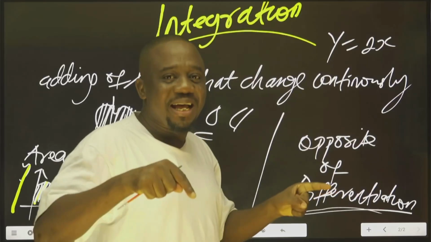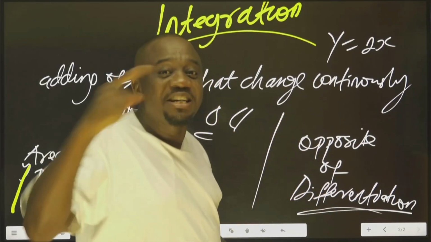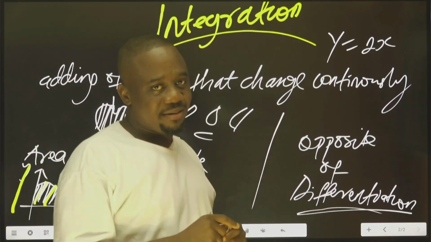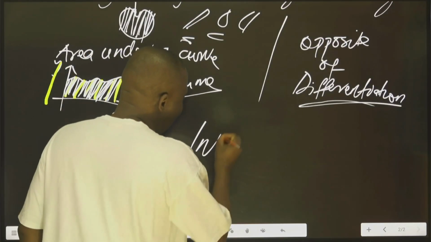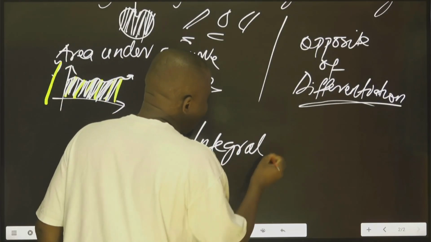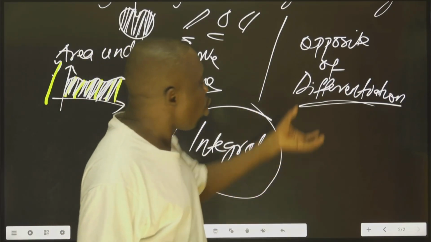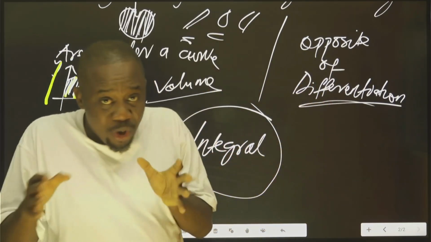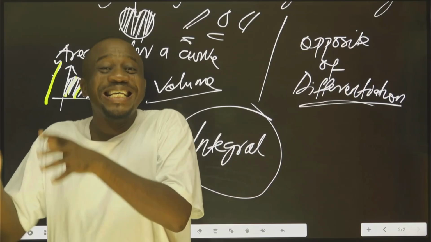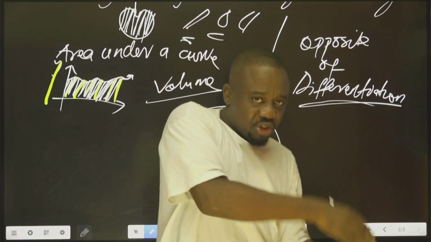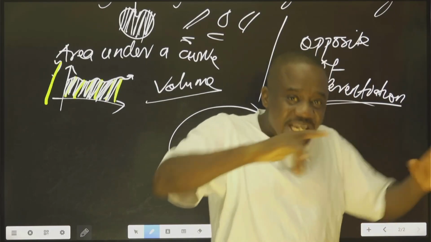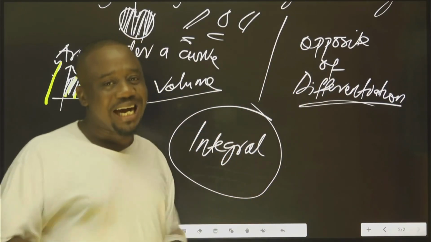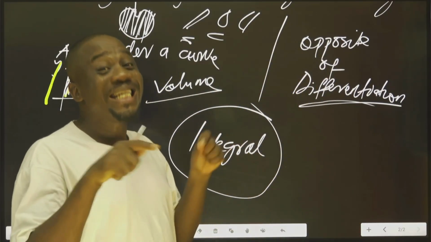So the final solution after integration is called the integral. I'm just trying to define the terms for you to understand. So integration, that process, is the opposite of differentiation. Whatever answer you arrive at is called the integral. Okay?